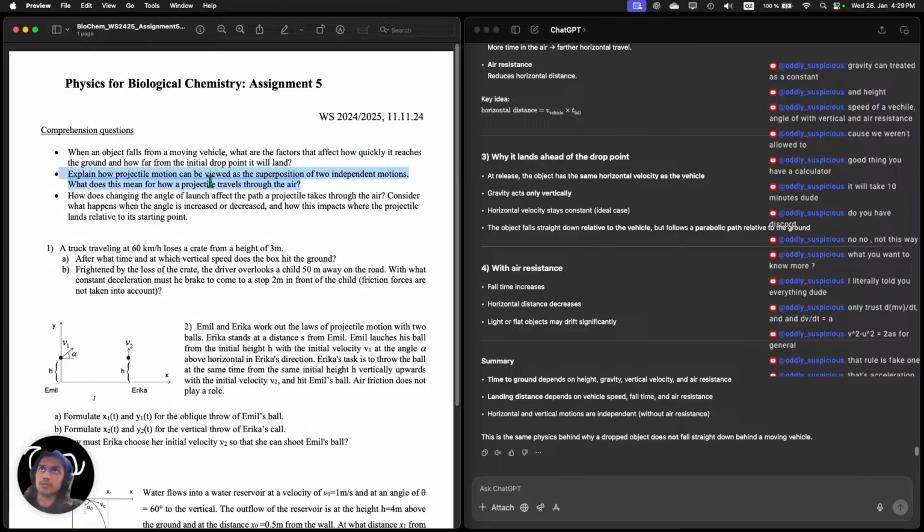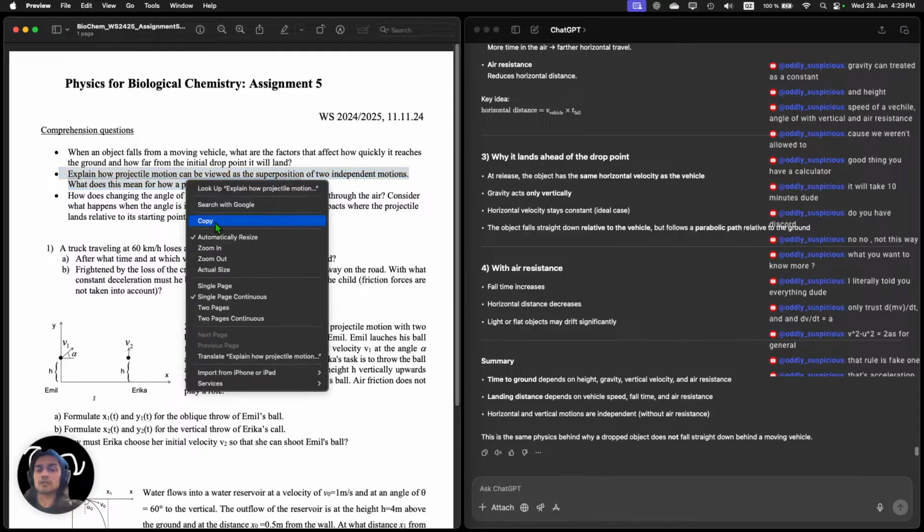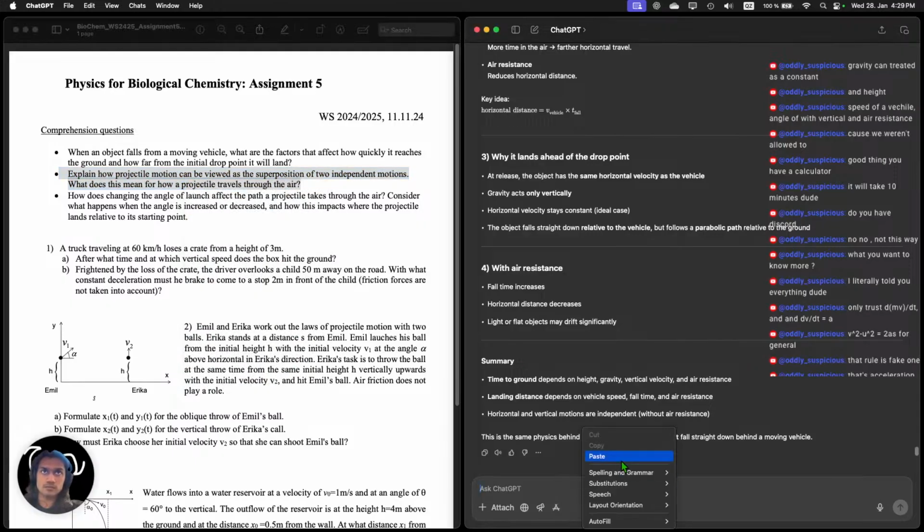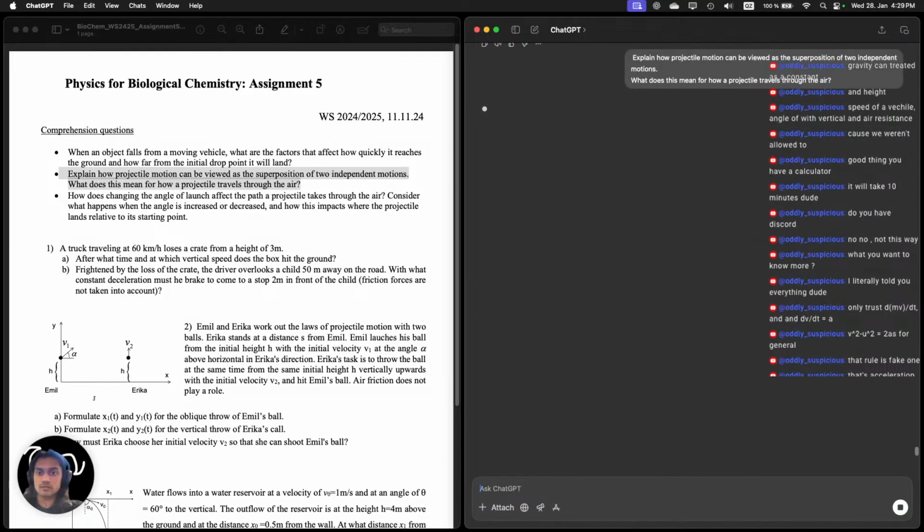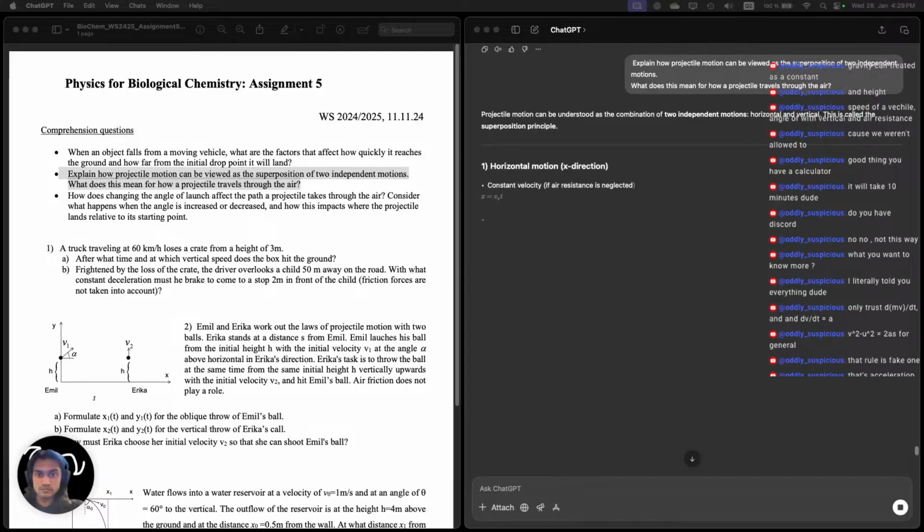Explain how projectile motion can be viewed as a superposition of two independent motions. What does this mean for how a projectile travels through the air? There's going to be a vertical force, like gravity, and a horizontal one. It's going to follow a parabolic path. Let me think.